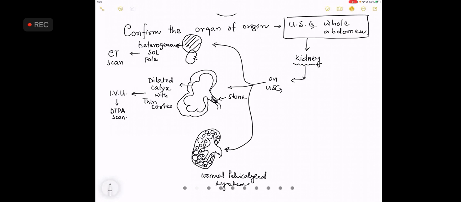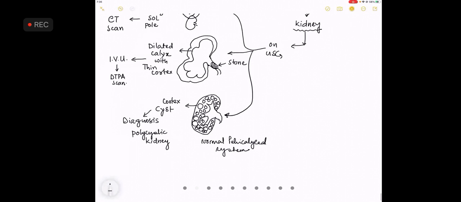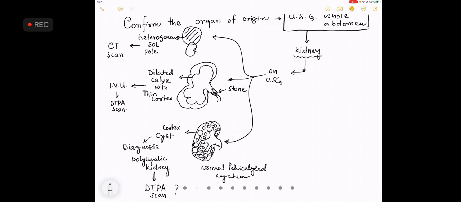Now, and the cortex shows you multiple cysts. Your diagnosis then becomes polycystic kidney. You can do a DTPA scan? Question mark. Please tell me when you have completed writing.